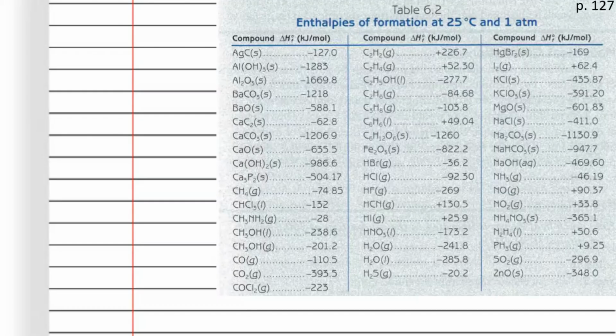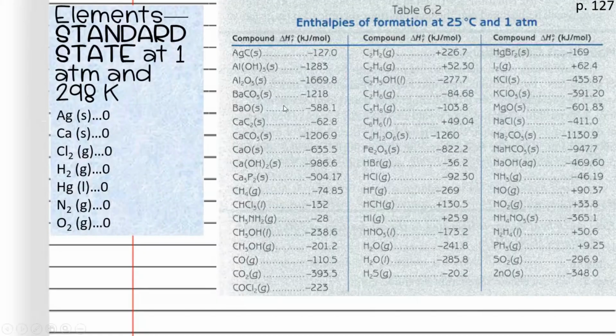On page 127 in your book is this giant chart with the enthalpies of formation at 25 degrees Celsius and 1 atmosphere of all these different compounds. Notice that they are compounds.